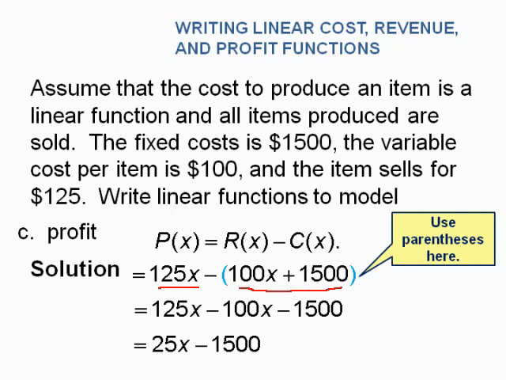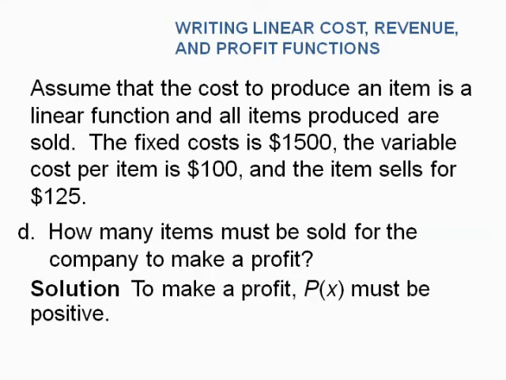Where students miss this is they forget to distribute that minus sign through, which changes these signs, so be careful. So the profit in terms of x would be 25x minus 1,500.